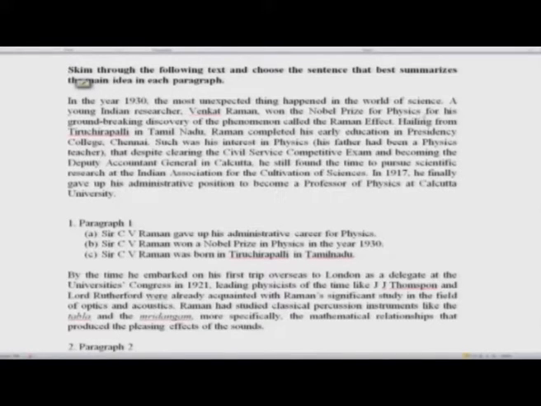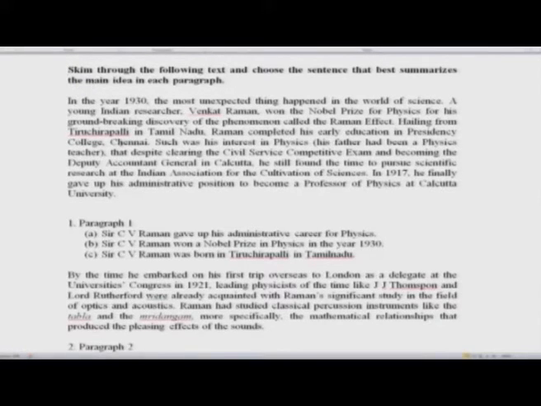He won the Nobel Prize for Physics. So, Nobel Prize for Physics is again a key phrase for us. For what? A phenomenon called Raman effect. Then you find the word Tiruchirappalli. This is the place where he was born.